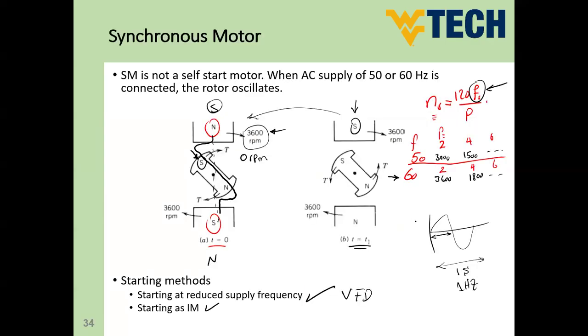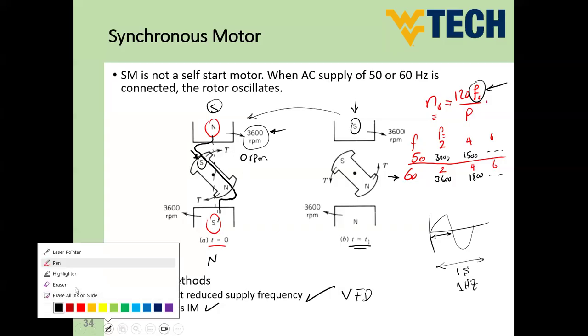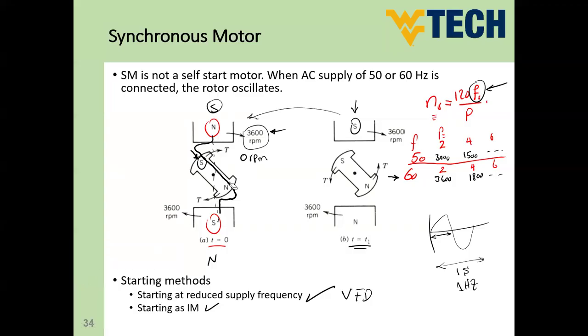Let's say the induction motor is rotating with, instead of 0 RPM, for instance 3550 RPM. So this means the relative speed is 50 RPM, which is a small value.